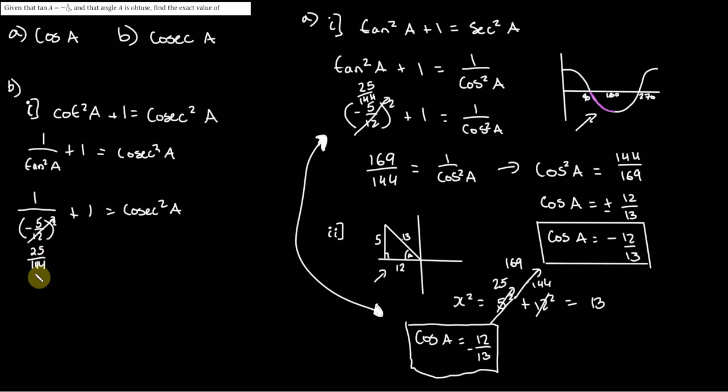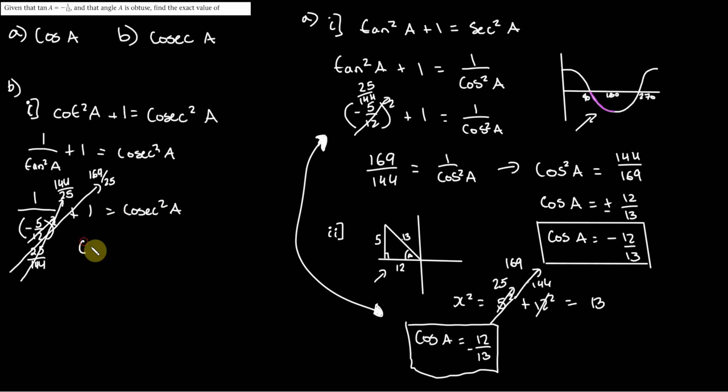And then we're going to flip everything, so it's going to be 144 over 25. Now we're going to add 1. So that's going to be 169 over 25, which equals cosec squared A.